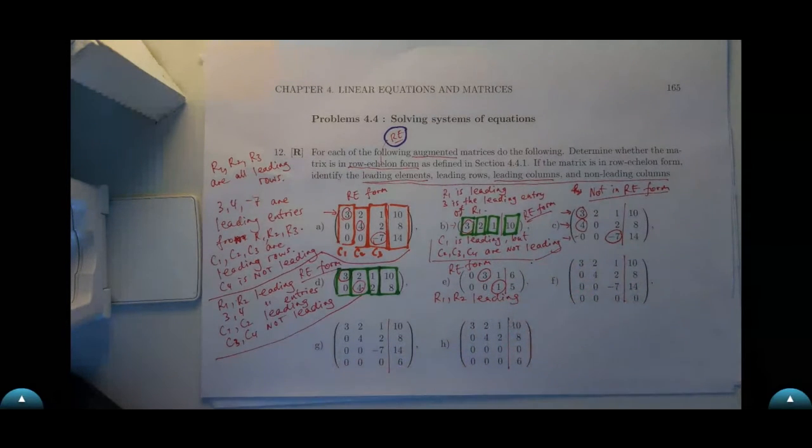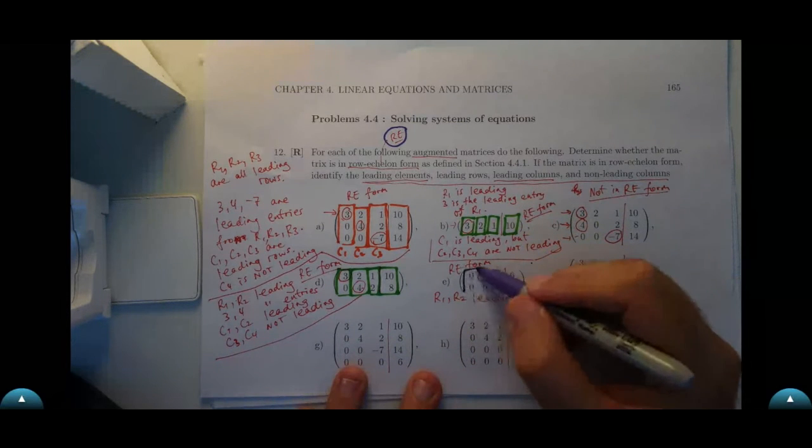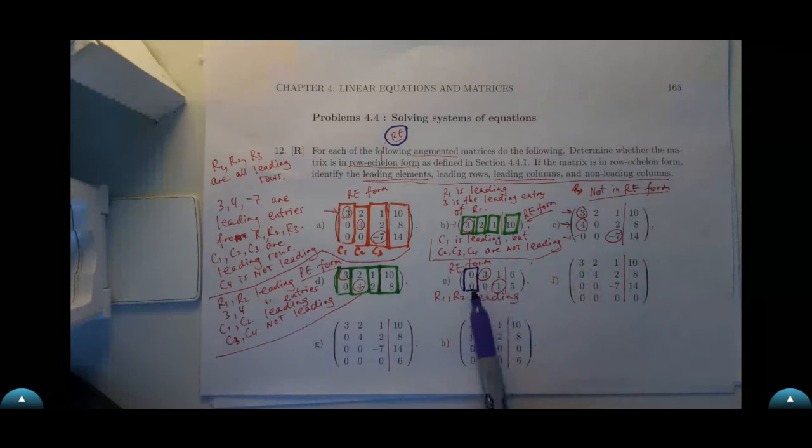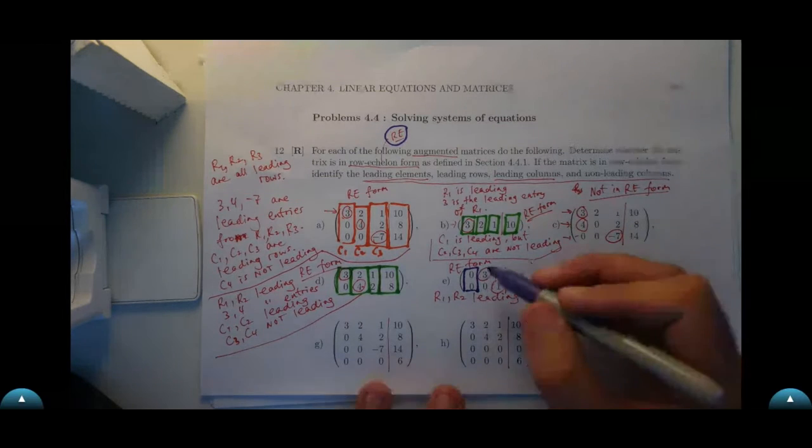And then the question is, what about the columns? Let's have a look at column one. Who can tell me on the chart, is column one a leading column? Yes or no? Nope, correct, because it doesn't contain a leading entry of some row.